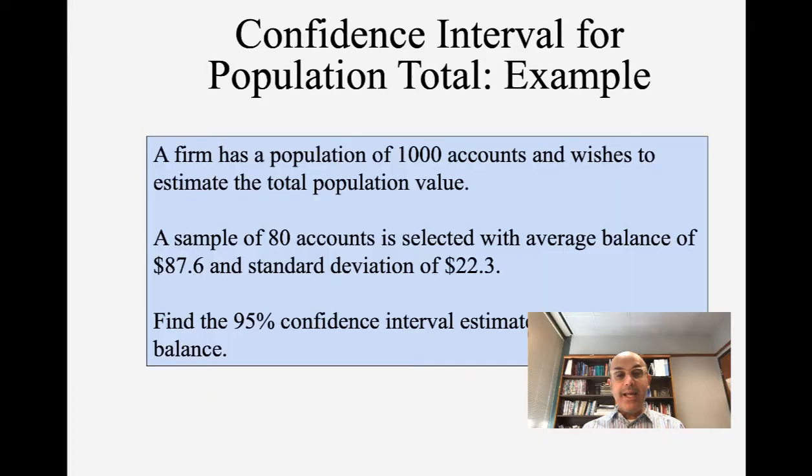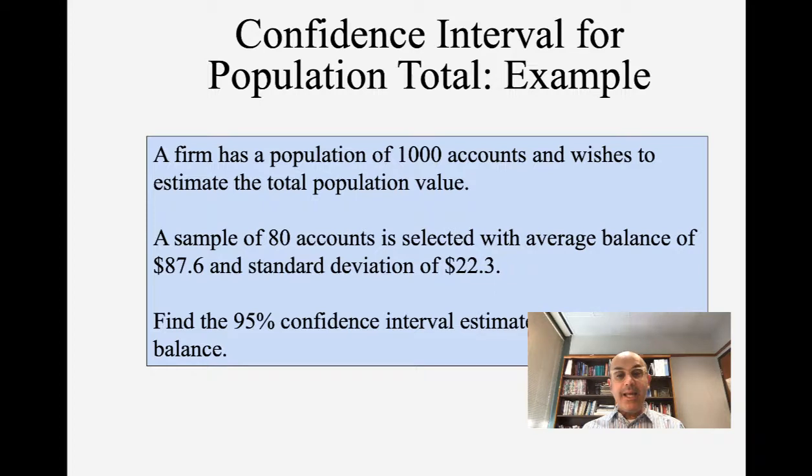The confidence interval for a population total, another example: a firm with a population of 1,000 accounts wishes to estimate the total population value. A sample of 80 accounts is selected with an average balance of $87.6 and a standard deviation of 22.3.